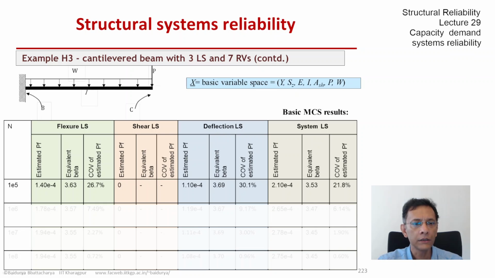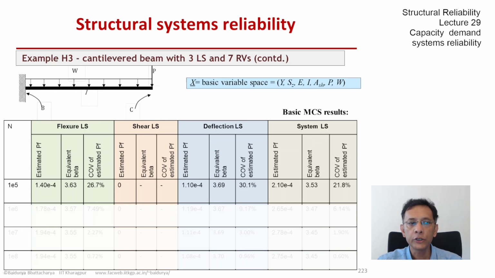The deflection limit state has a lesser failure probability than flexure, which makes sense. The equivalent beta is about 3.69. The uncertainty is quite large. It's about 30%. For the entire system, which is the union of these 3 individual failure modes, the estimated beta is 3.53, and the uncertainty is about 21%.